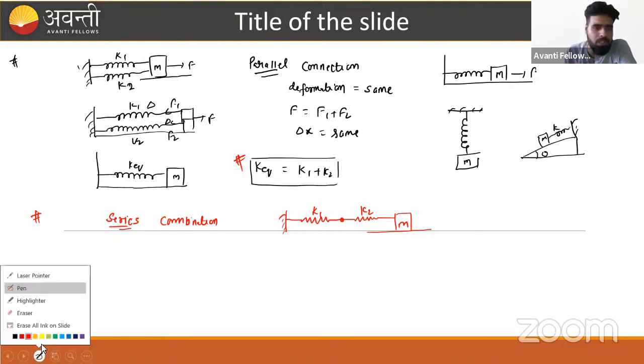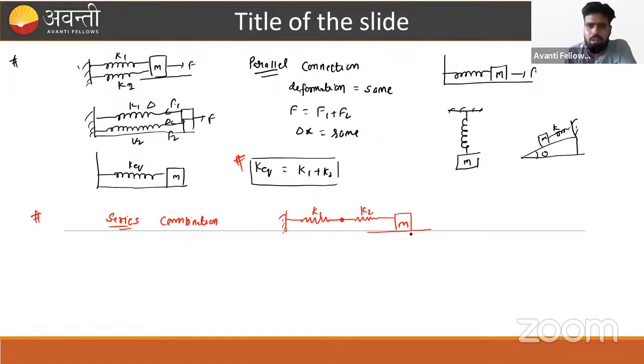So how can we proceed, beta? We can say that in resistance, when we are talking about resistance R1 and resistance R2, and suppose the current I is passing through R1, the same current is passing through the second resistance. In the same manner, if we apply a force F here, the same force F is passing through the second spring, and the same force is transmitted to the first spring.